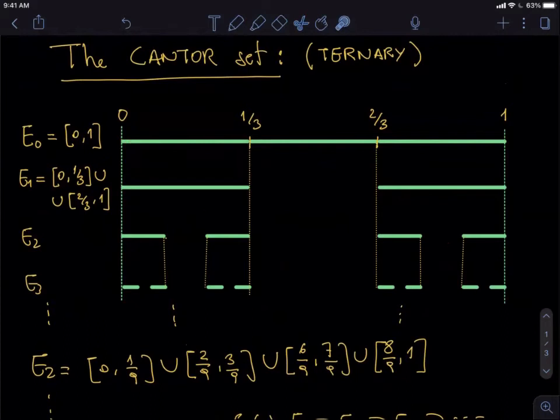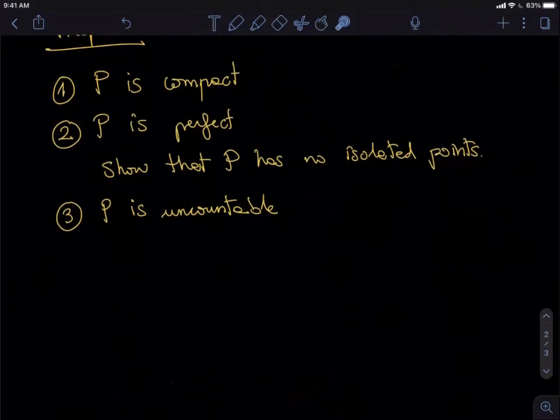And it looks like in the limit, we are going to be left with almost nothing. But what we are saying here is that P is uncountable. And why is it uncountable? Because it's perfect, and perfect sets are uncountable. We have seen this theorem in a previous video.